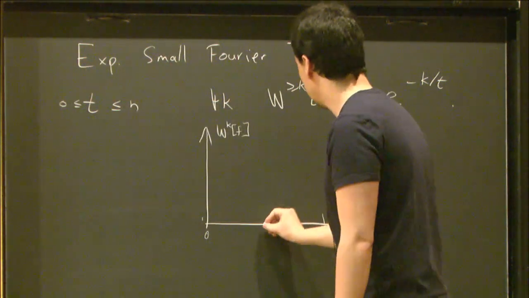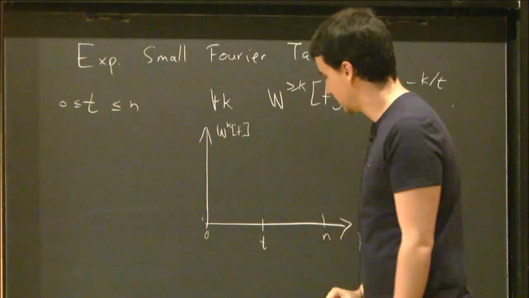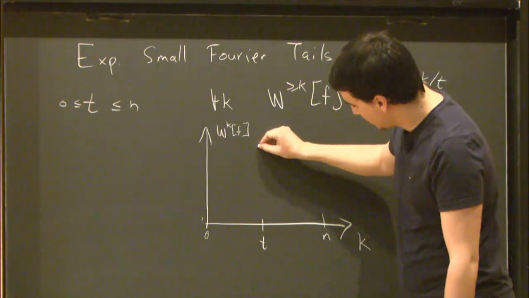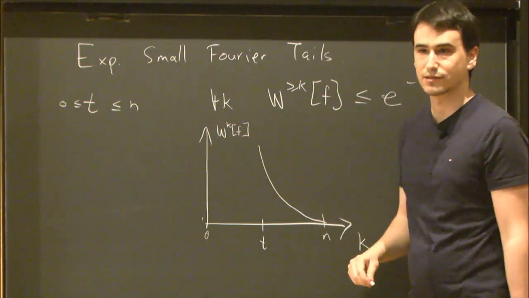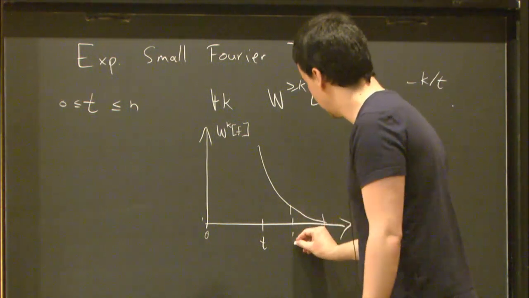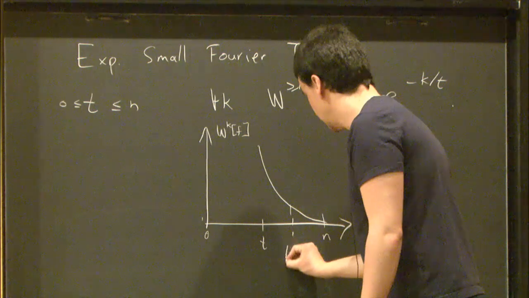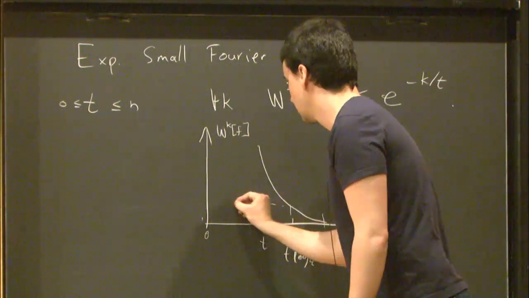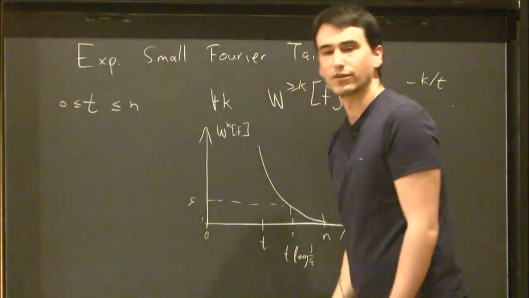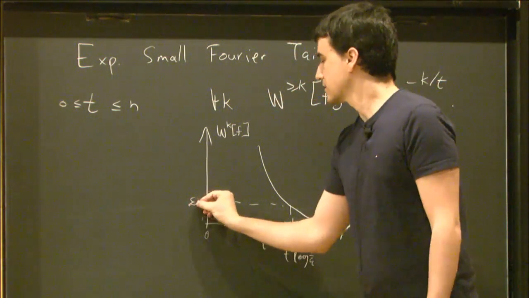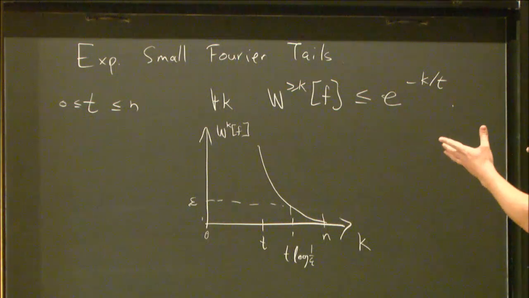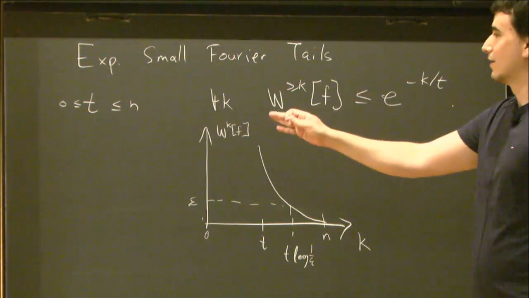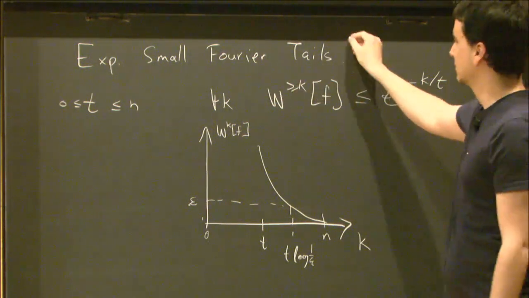So this property tells us that I have some level t. I don't know much before it, but starting from this level, I know that it decreases exponentially fast. So for example, if I take t times log 1 over epsilon, the weight is at most epsilon here. Okay, so this is a property of Boolean functions that I call exponentially small Fourier tails with parameter t.